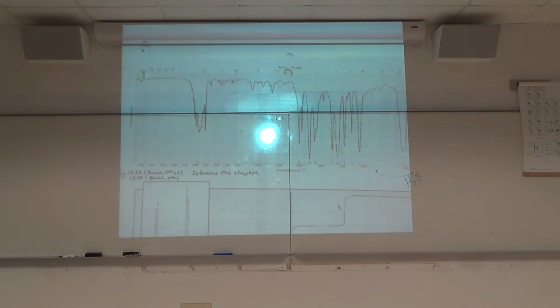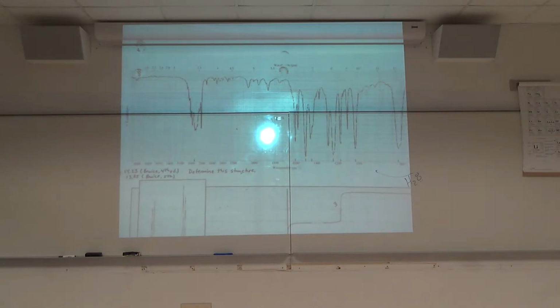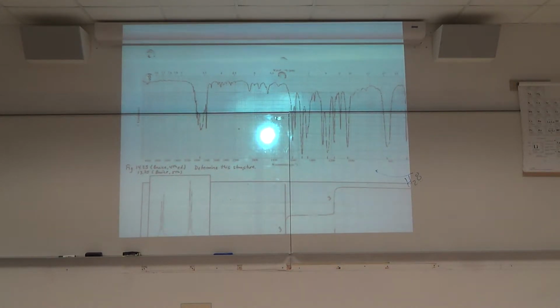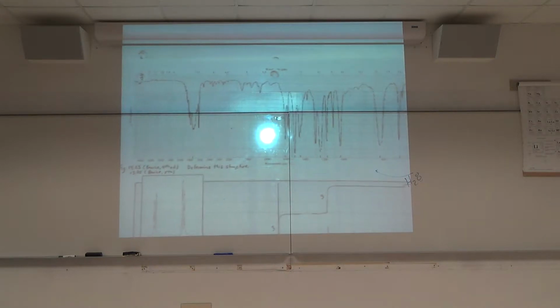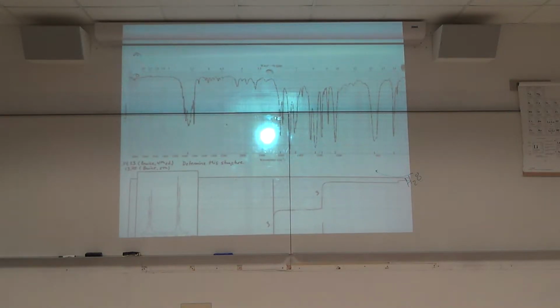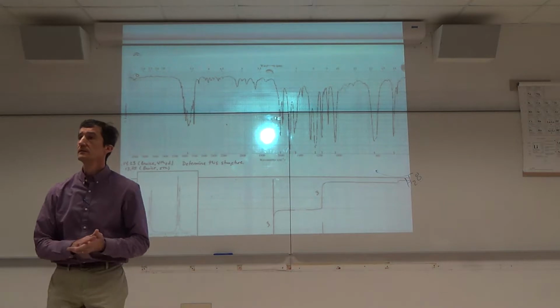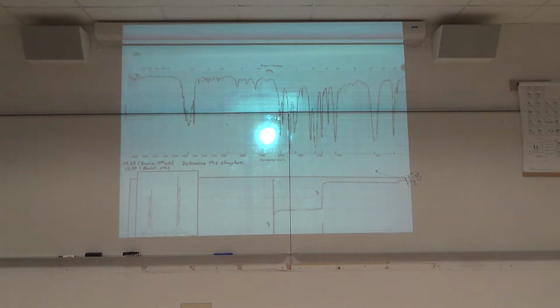Okay, let's look at 14.23. Question? For the pre-lab for tomorrow, it requires predicting the products of an oxidation of alcohols, and we haven't done that yet.